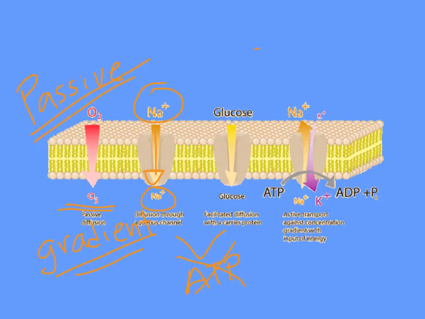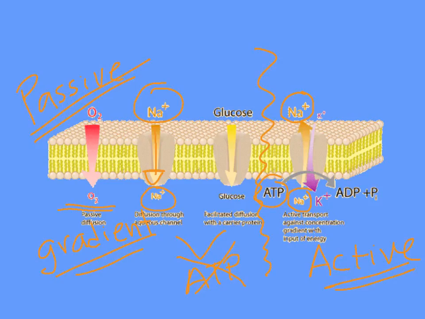That's why we call it passive transport. And finally, the type of movement that pulls substances against a gradient, in other words, from where we have less concentration to where we have more concentration, and that also requires energy, is the one that we know as active transport. Now this is important because not all substances are always needed in the same concentration.